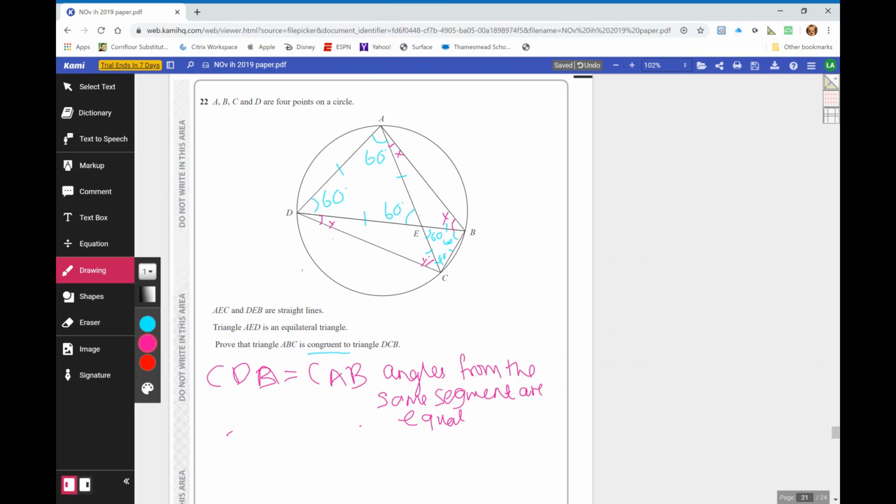You can also say that if you look further down here, it's the same over here. These two, DCB, if you look at DCB, that's the other angle of this, the bottom.